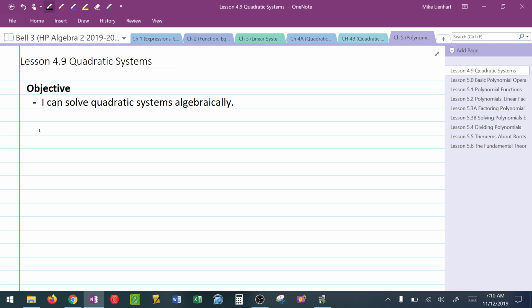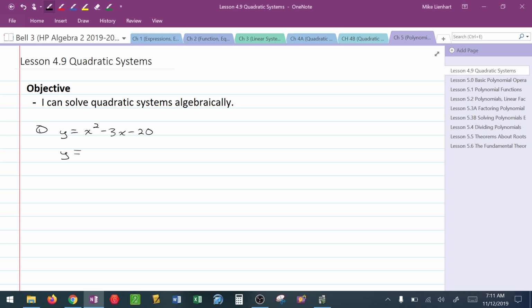Our first example: let's say that we have y equals x squared minus 3x minus 20. That would create a parabola.